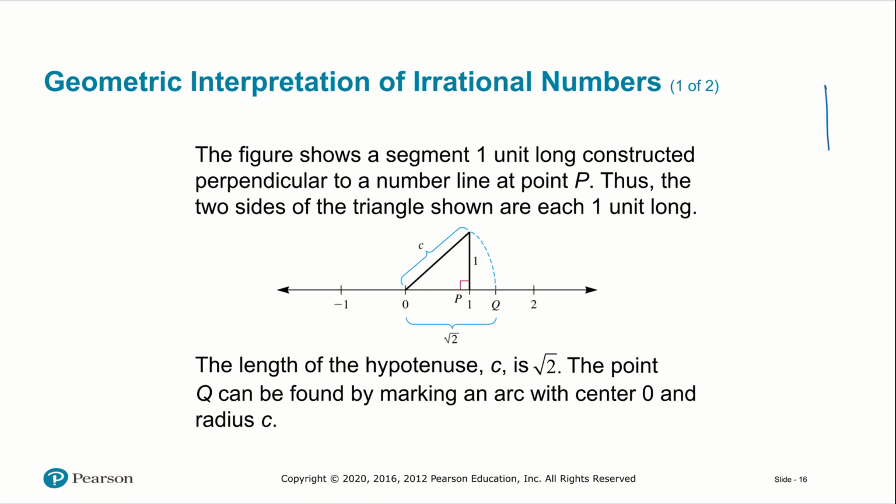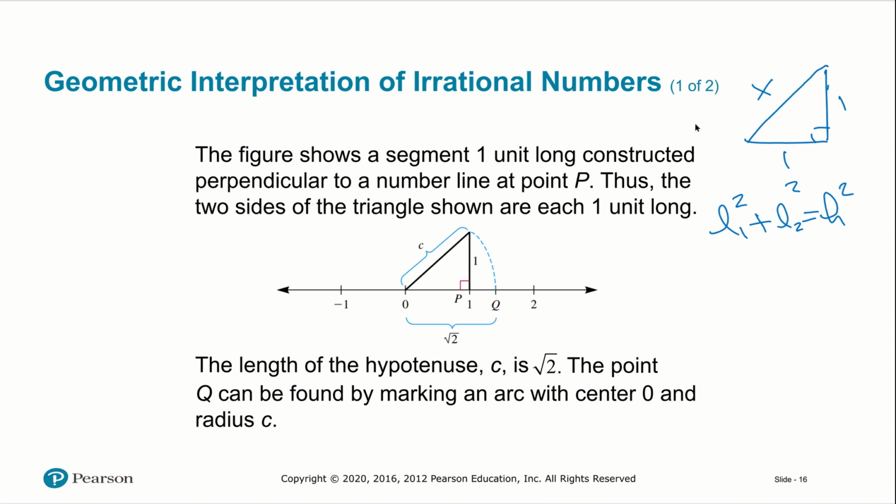So if we recall the Pythagorean theorem, it says the length of one leg squared plus the length of the second leg squared is going to be the length of the hypotenuse squared. The hypotenuse is the longest side of a right triangle, which is opposite the right angle, right?